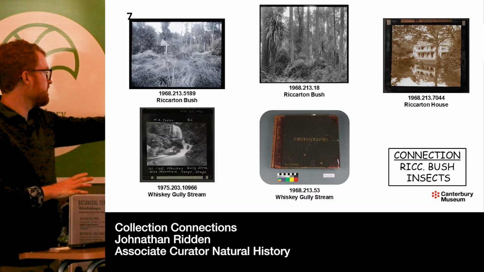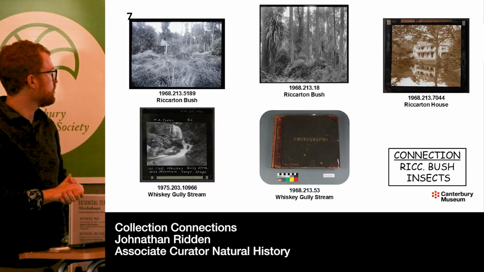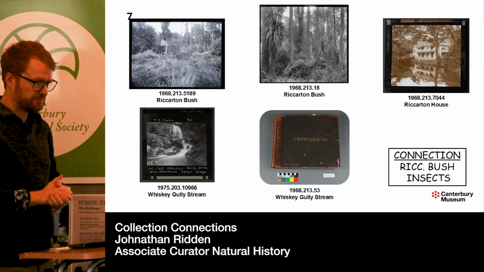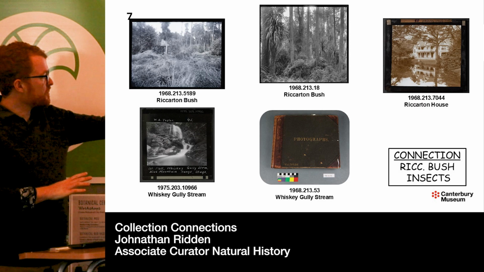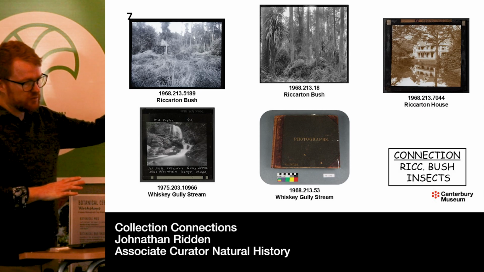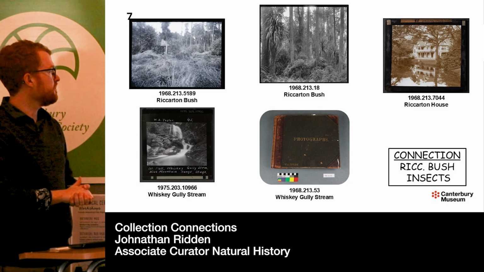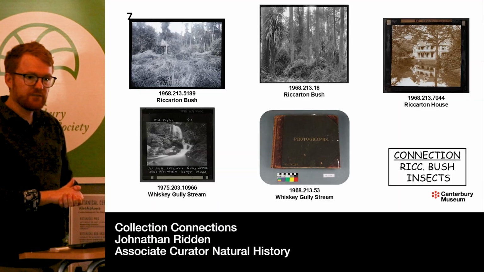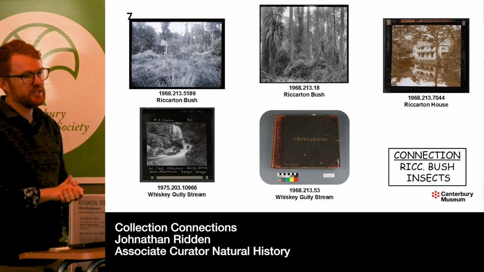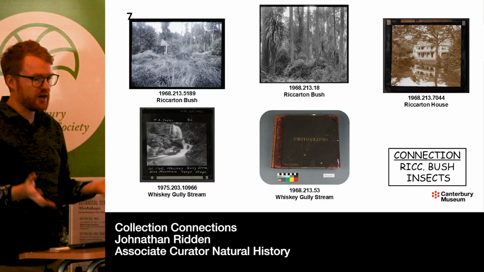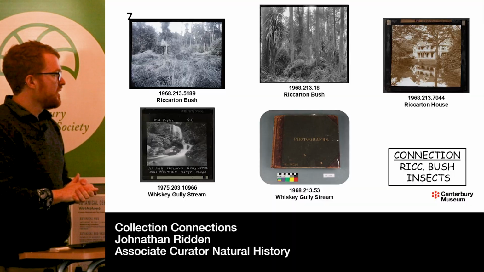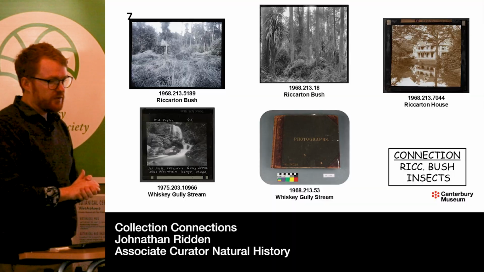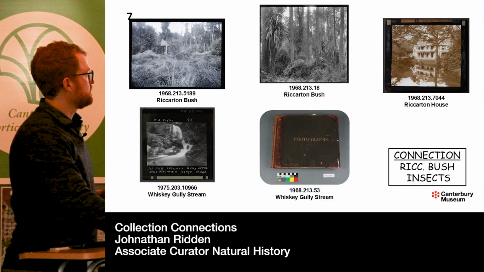This was in Otago in the Blue Range Mountains, a waterfall at Whiskey Valley Stream. The output of his work is kept in the museum, and we've got about 16 photo albums and over 9,000 objects associated with them. So it's a really great snapshot into the history of Canterbury and wider.